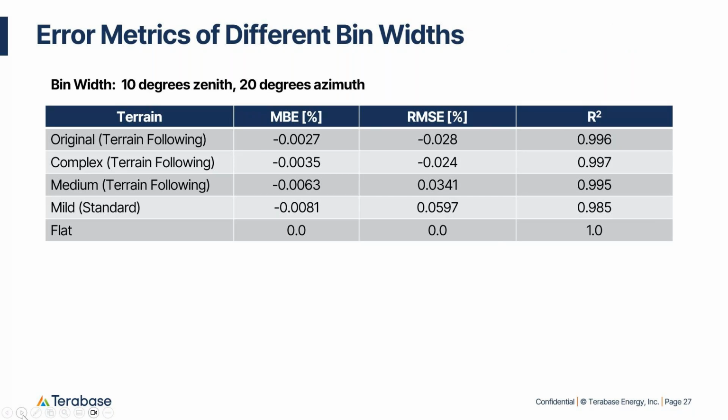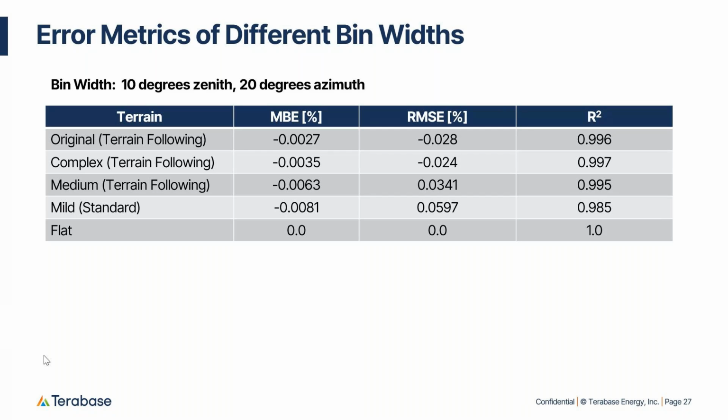So the bin width that people are most familiar with is the 10 degrees, 20 degrees bin width from PVsyst. It's called the fast mode. And what we saw across all these terrain scenarios is that directionally, your mean bias error is still pretty good.